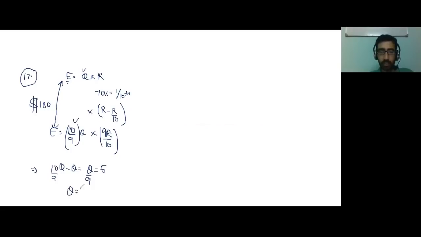So my initial quantity must be 45 gallons. Sorry, there's a question. So you have to find the original price of petrol. In the question, you have, of course, the expenditure, initial plan budgeted expenditure was 180.